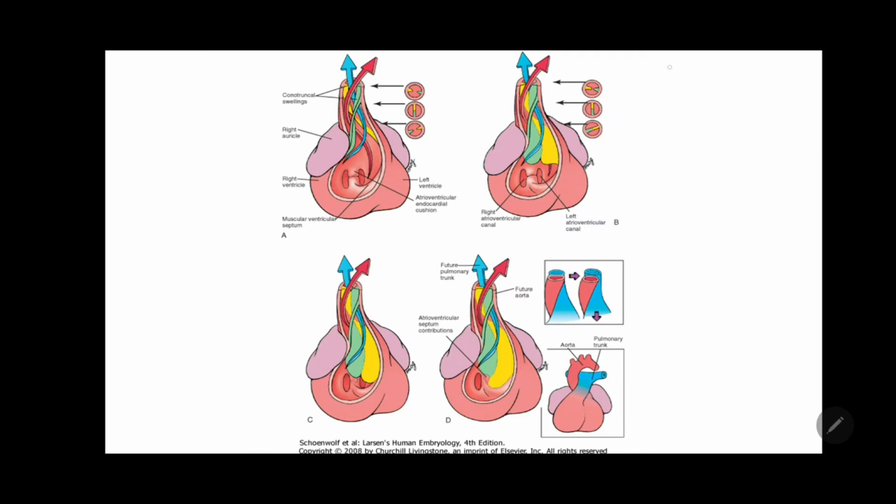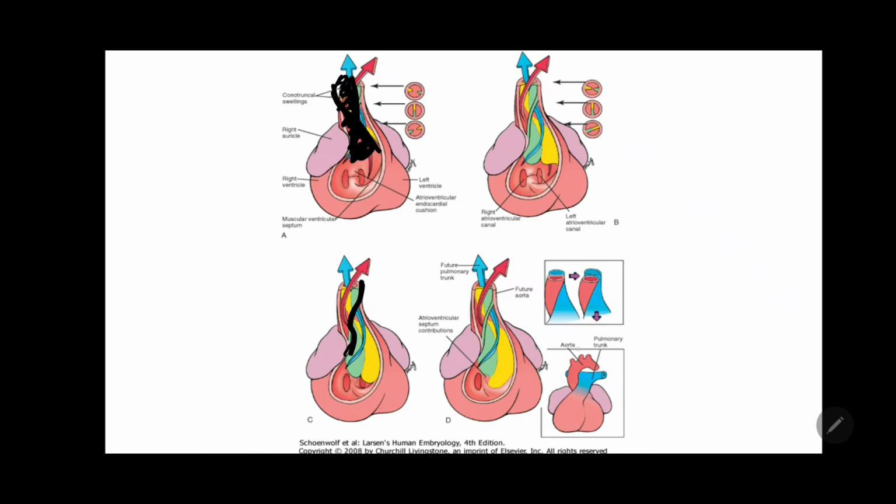You can see here in the diagram, this is a right truncal ridge growing distally and to the left, this is the left one growing distally and to the right, and they are forming a septa here. So if you see the division here, it is by the spiral septum.